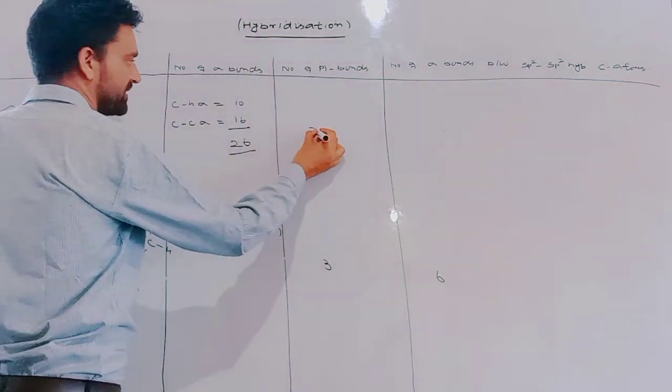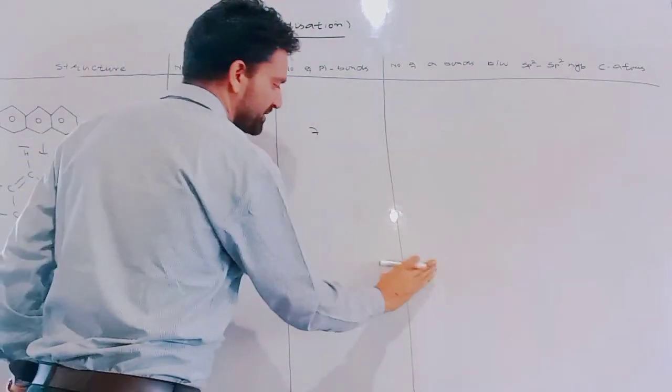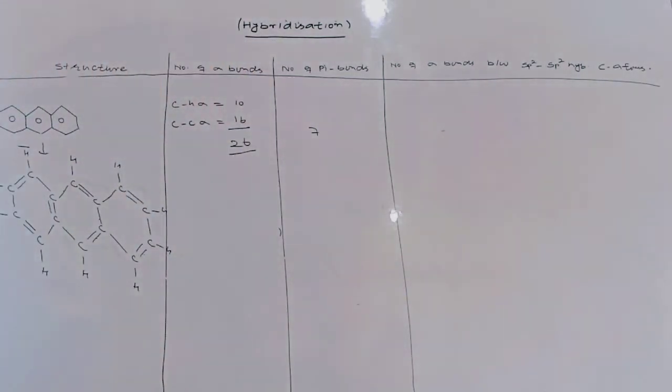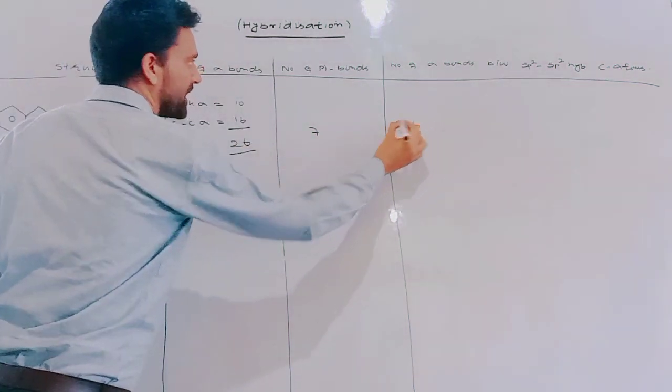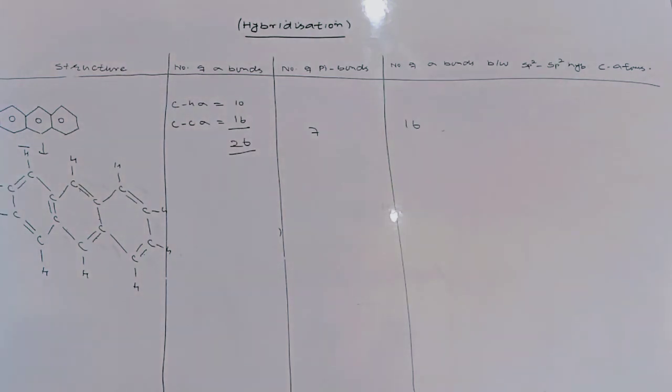Pi bonds are 7. How many sigma bonds are present between sp2 sp2? 1, 2, 3, 4, 5, 6, 7, 8, 9, 10, 11, 12, 13, 14, 15, 16. Am I right? Total number of sigma bonds between sp2 sp2 are 16.